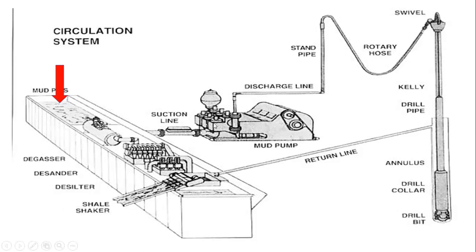And then from the mud pit, there is what we call the pump. This mud pump pumps or sucks the drilling fluid from the mud pit through the suction line. Okay, this is the suction line. And then it sucks it and then pumps it through what we call the discharge line.